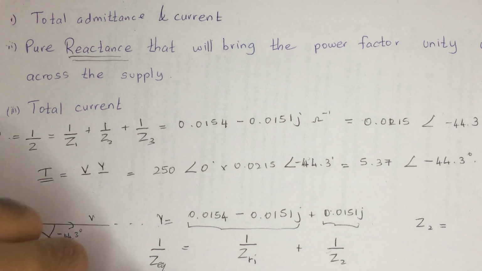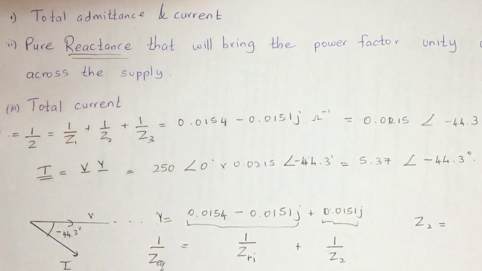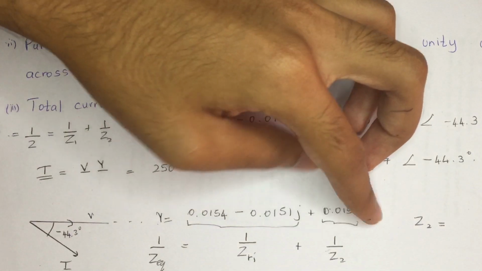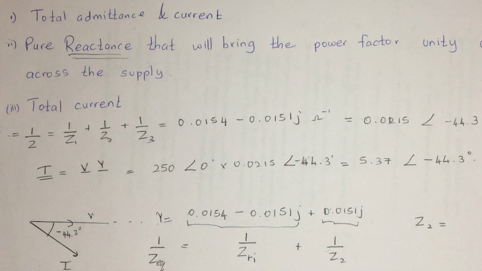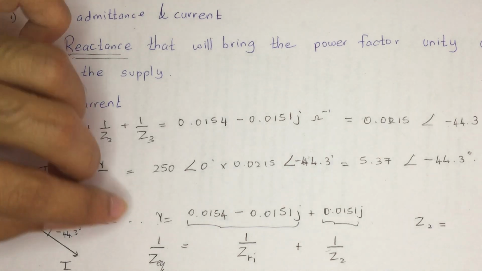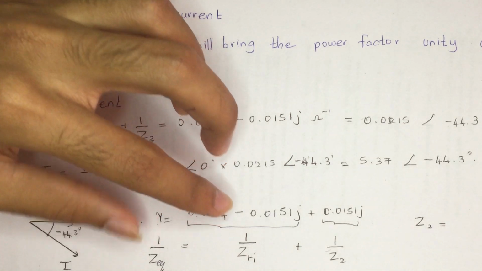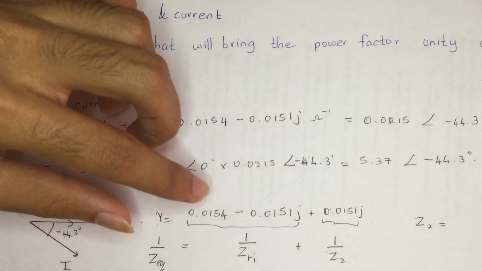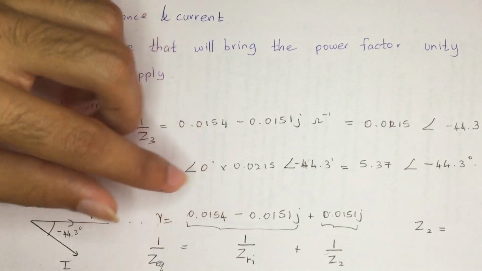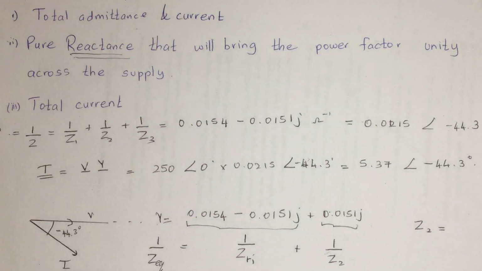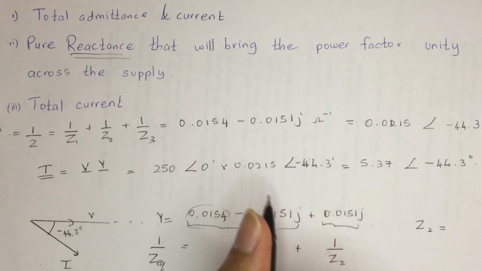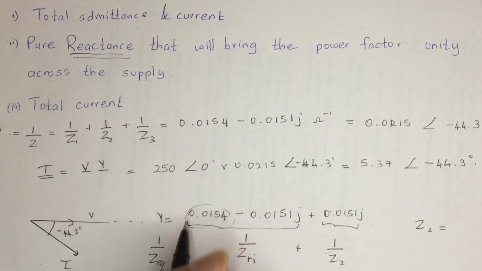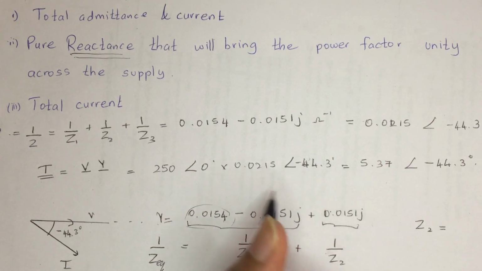1 over Z2, this part, is known as susceptance. You need to know that term too. Likewise, this part is called conductance. In an admittance, the real part is known as conductance, and the imaginary part is known as susceptance.